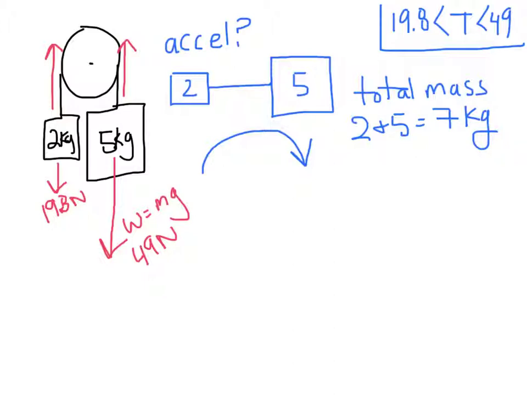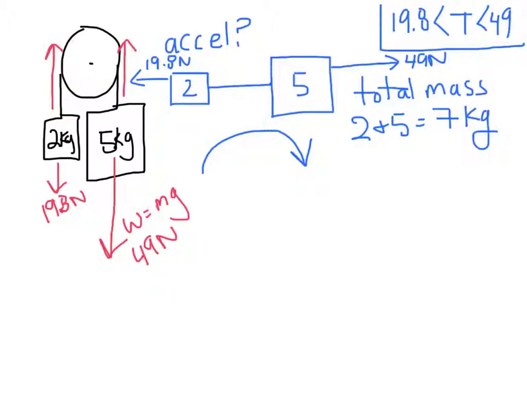Let me draw it horizontally. Okay, so given this situation, we have 49 newtons pulling this way, and to the left we have 19.8 newtons. So all I've done is I've taken this situation and I've just sort of laid it out flat, assuming this is a frictionless surface, right?